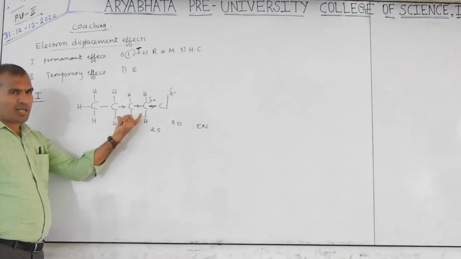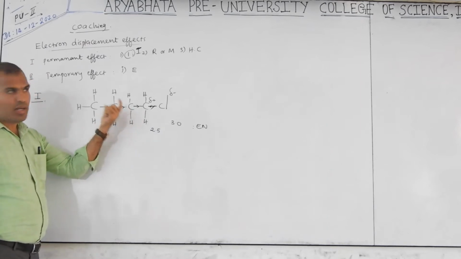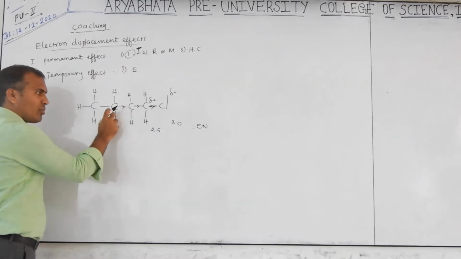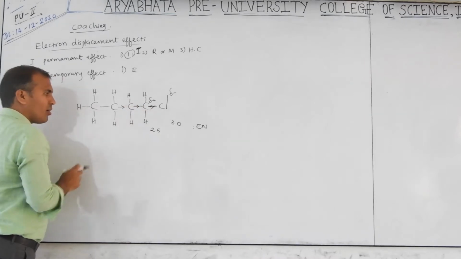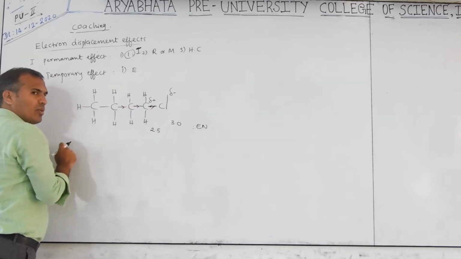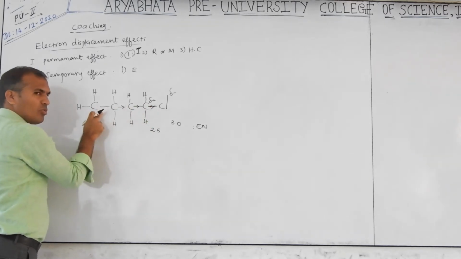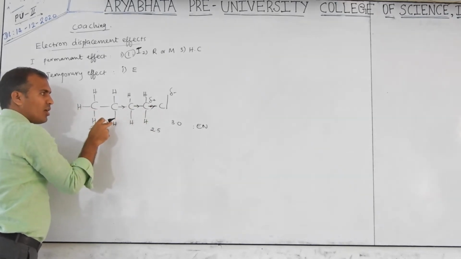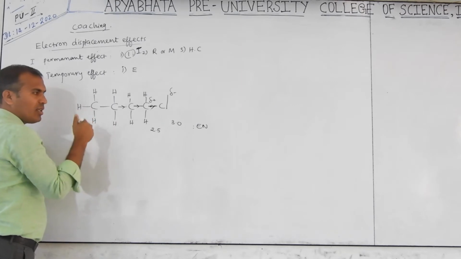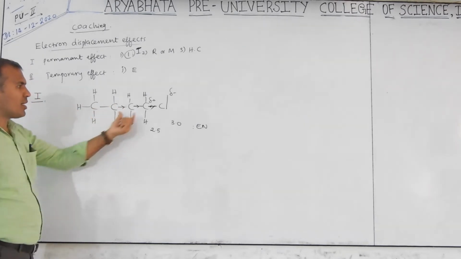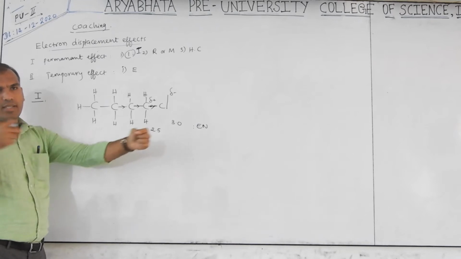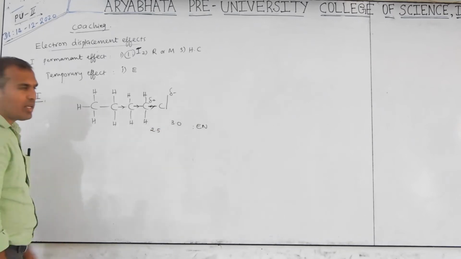So up to 3 carbons, it means it is a distance dependent effect. Up to 3 carbons electron donating is okay, but at the 4th carbon or 4th bond, 1, 2, 3, the 4th bond, the electron movement is somewhat rare. It is because the tendency to attract is up to a certain distance; as distance increases, attracting power decreases.